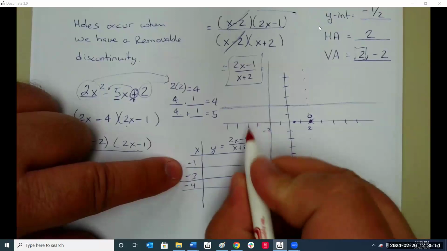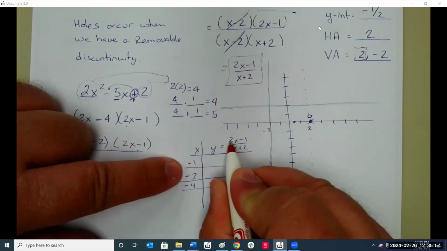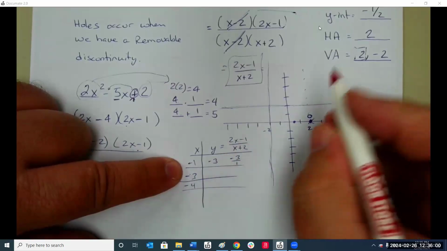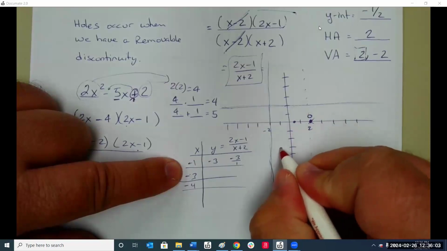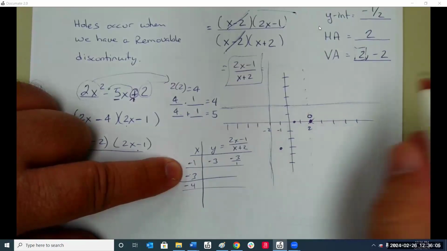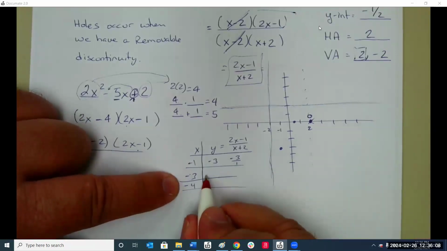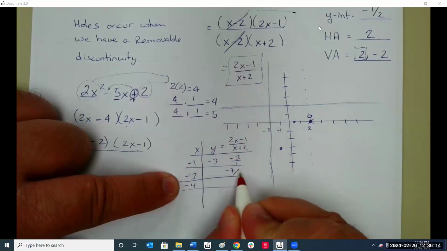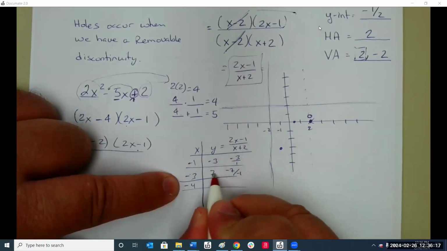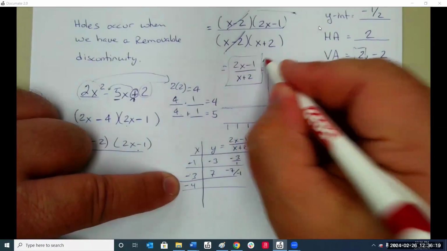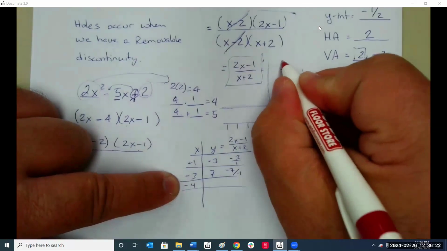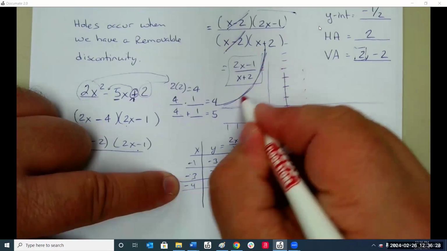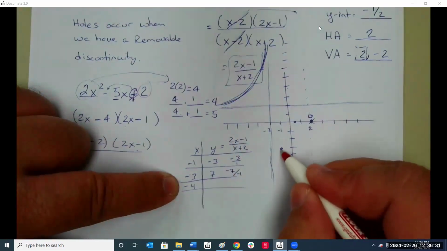So at negative 1, we have negative 2 minus 1 is negative 3 over 1 is negative 3. At negative 3, we put that in there, we get negative 6, that's negative 7 over negative 1, which is 7. So yeah, this side's going to look like this. And this side's already done.